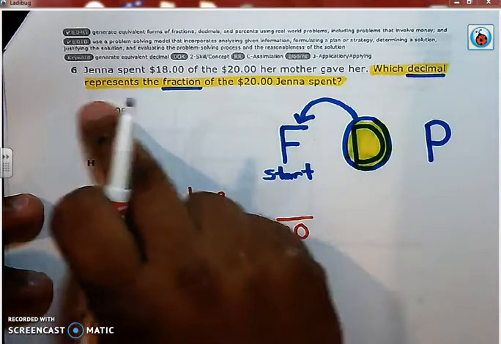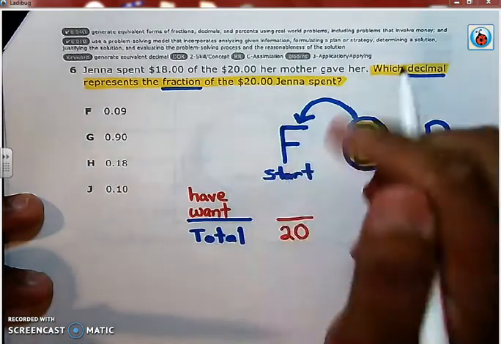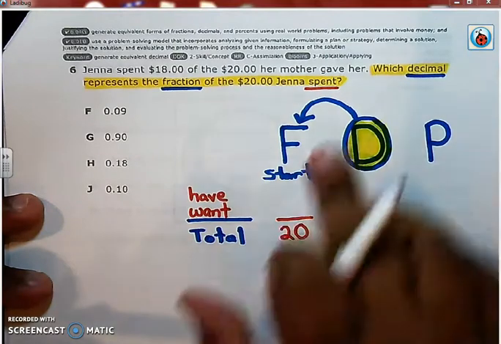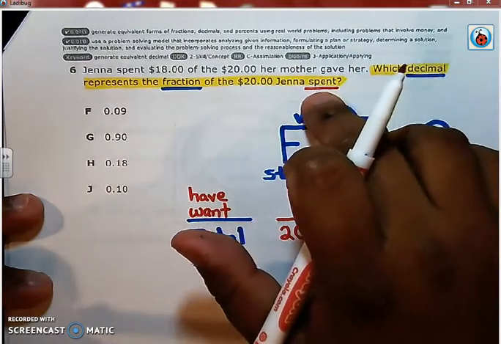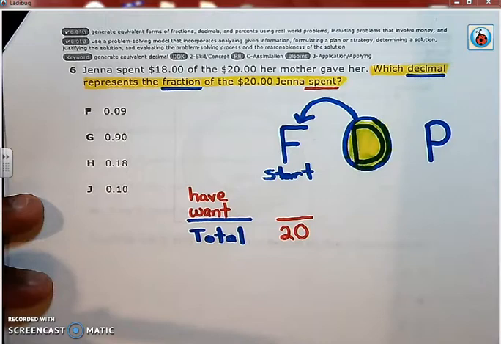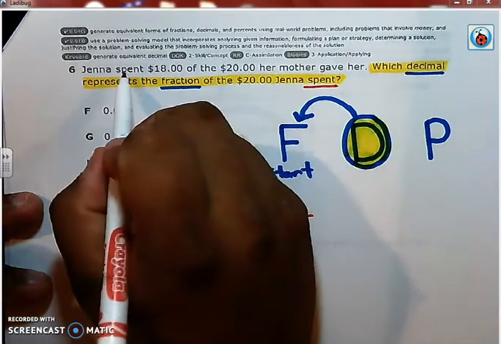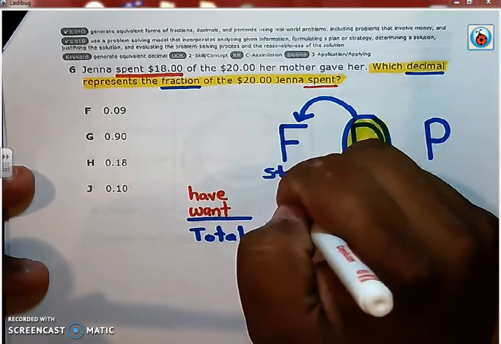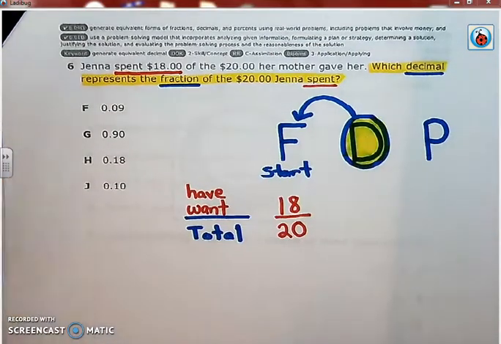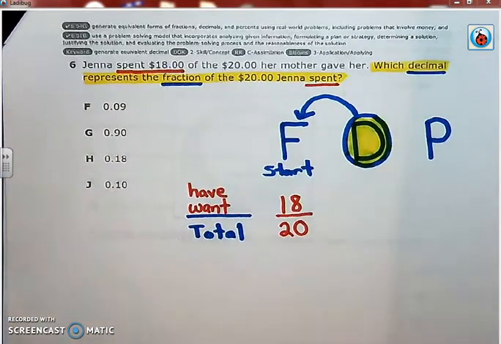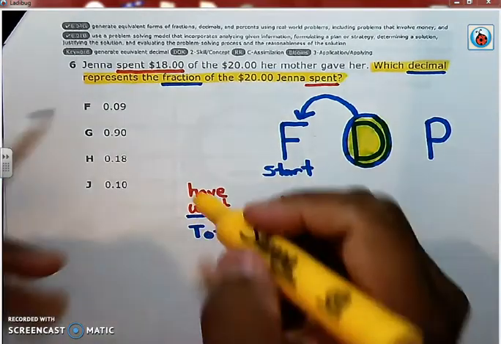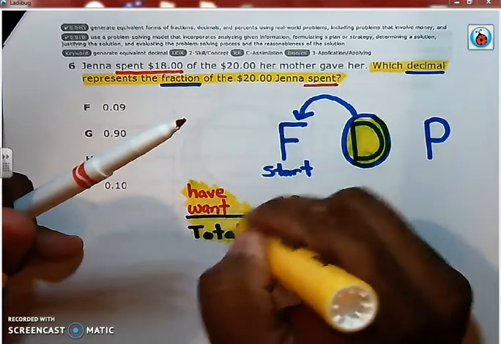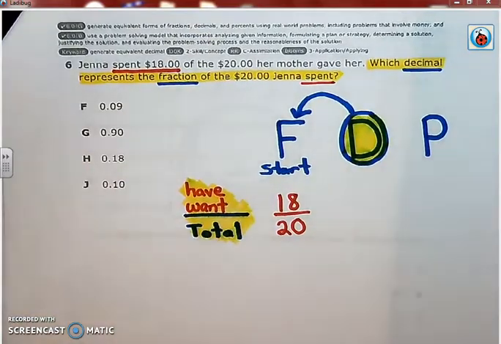Which decimal represents the fraction of the $20 Jenna spent? What it wants is the one that she spent. How much did she spend? She spent 18. If you know what a fraction looks like, you can create your own fractions.